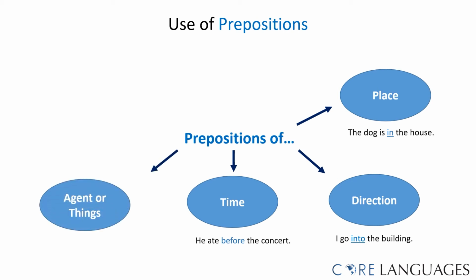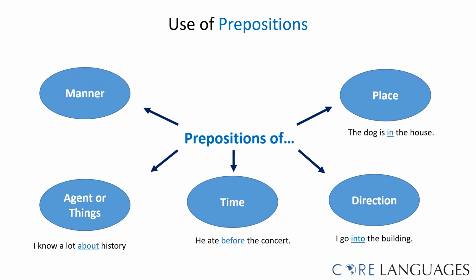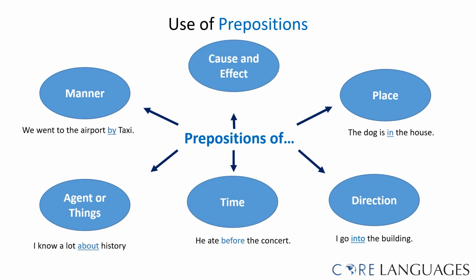There are prepositions of agent or prepositions of things. For example, I know a lot about history. And there are also prepositions of manner. For example, we went to the airport by taxi. Prepositions can also be used to demonstrate cause and effect. For example, he cannot play because of his broken leg.